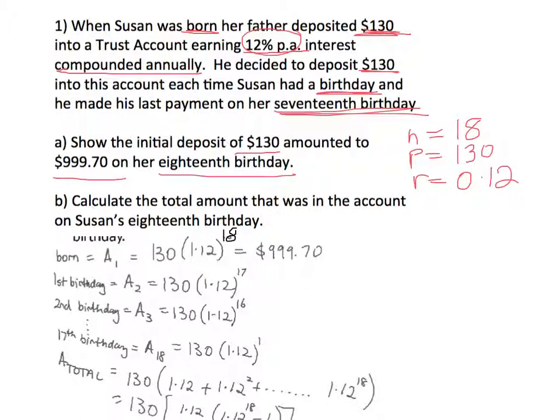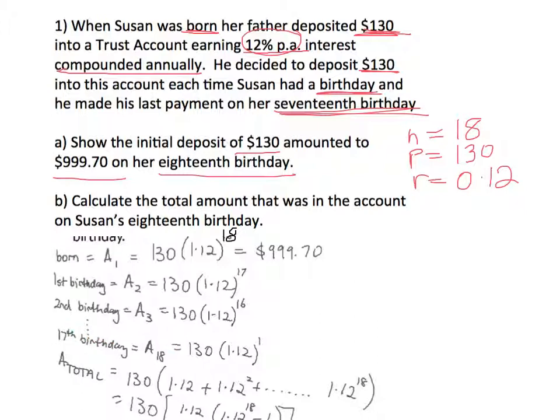So the father is putting in $130 when she's born. He's putting in another $130 on her first birthday, another $130 on her second birthday, all the way up to the last payment, remember, on her 17th birthday, which is going to be the 18th payment, because remember the first one was when she was born. It's really important that you set up a little pattern like this with words and what the payment number is. That'll help you to set up a series as well.